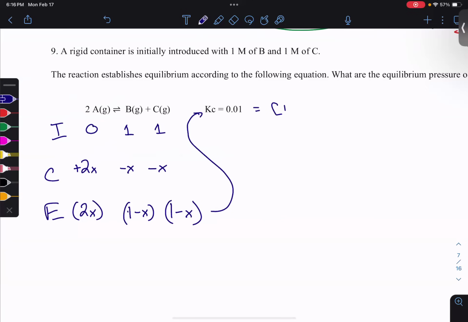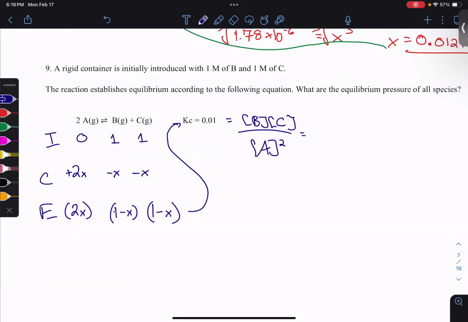I'll remind you that it is B concentration, C concentration, over A concentration squared. So I'm actually going to put those expressions in there. So 0.01 equals, B and C are the same, so 1 minus x, that whole thing squared, over 2x, squared.